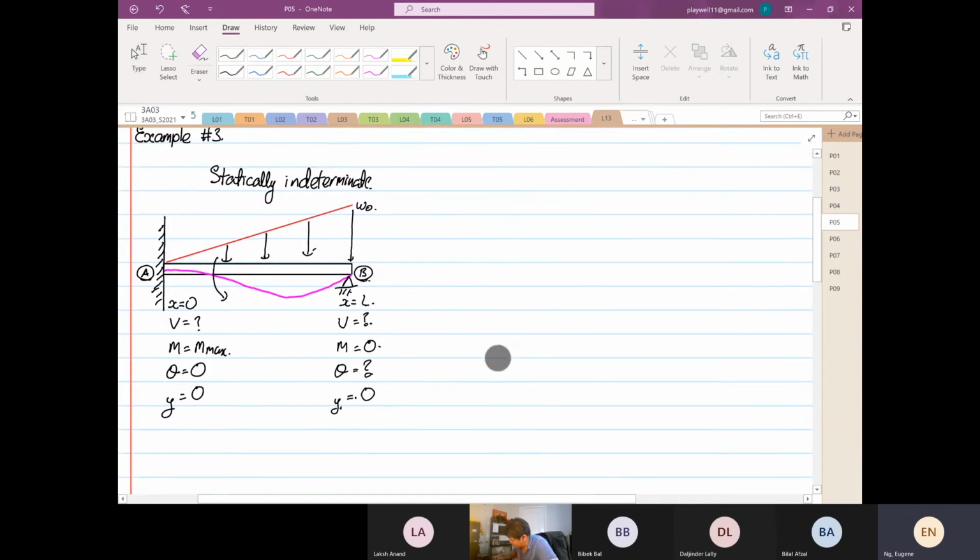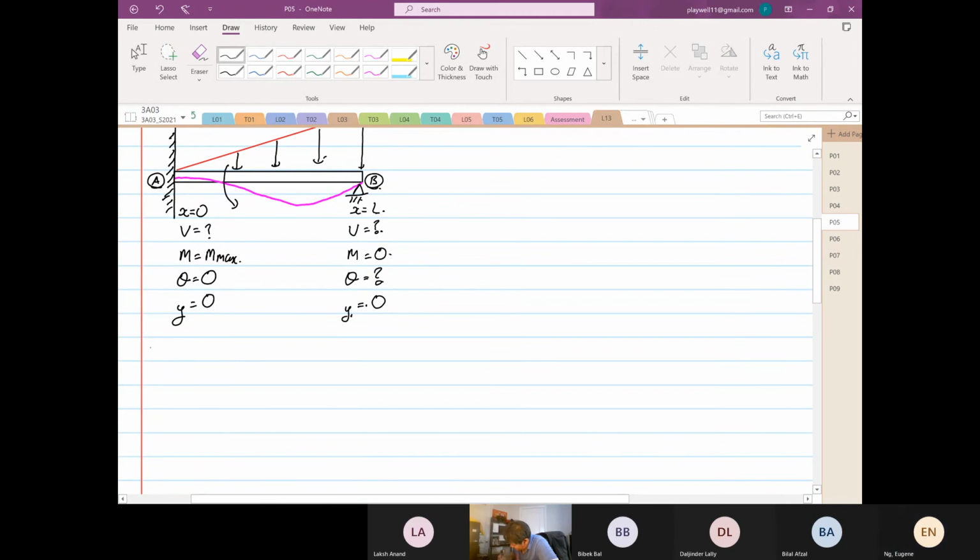So what the question is going to find is we're going to find the reaction. Okay, we're going to find the reaction at point B.